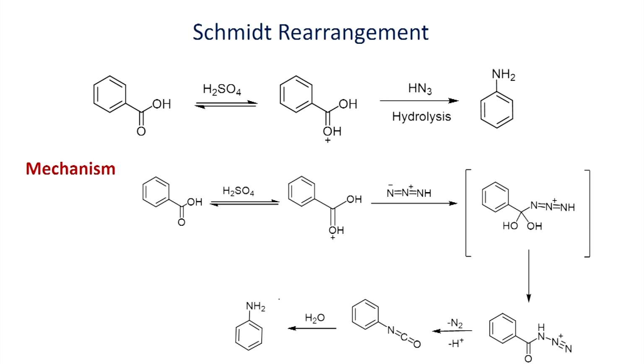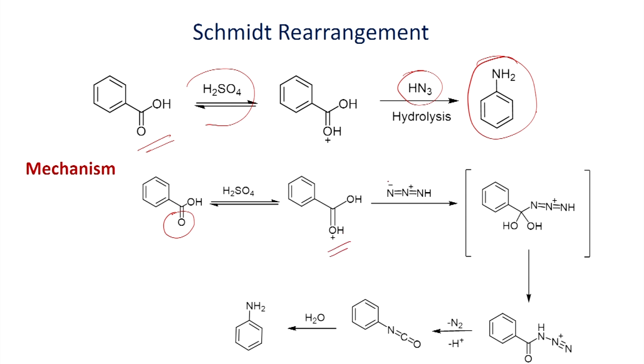So far we have seen the Hofmann and Curtius rearrangements. Now let us look at the Schmidt rearrangement. Here, as you can see, the reaction of carboxylic acid is shown when you react with HN3 in the presence of acid, and you will be able to form amine as the product. In this reaction, see the protonation of this carbonyl group can give this intermediate.